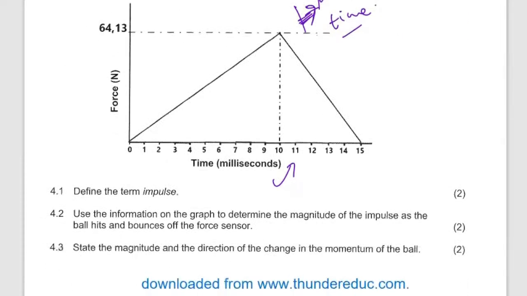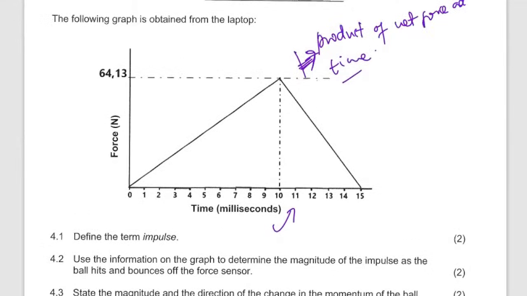Then they want us to use the information in the graph to determine the magnitude of the impulse as the ball hits and bounces off the sensor. Remember, impulse is the product of force and time, so we are indirectly being asked to determine the area of this triangle.